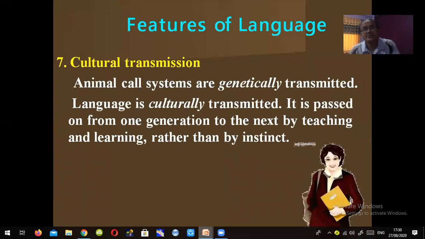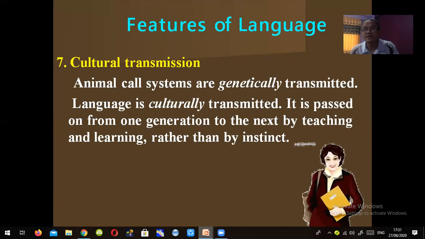Another, most important feature of language is cultural transmission. Language itself is a part of culture, we know that. In animals, this feature is transmitted genetically. They have special ability.